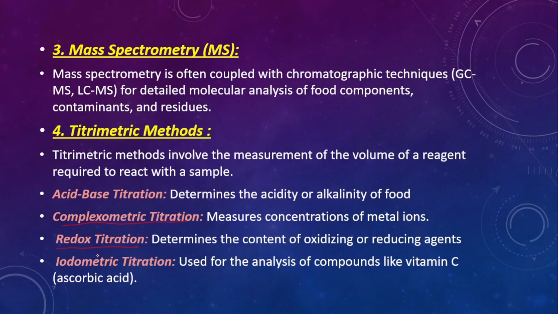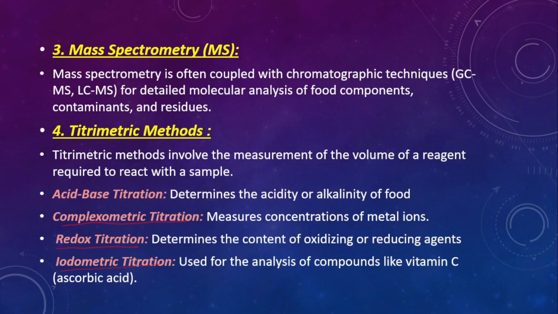Common examples include titrations with potassium permanganate or iodine. They are widely applied in determining the concentration of oxidizable or reducible species, such as iron or hydrogen peroxide. Redox titration determines the content of oxidizing or reducing agents.